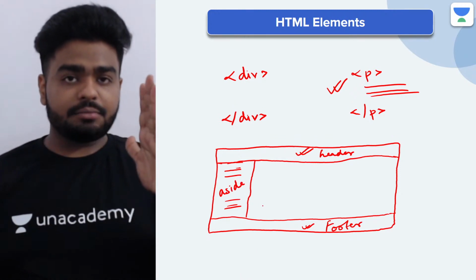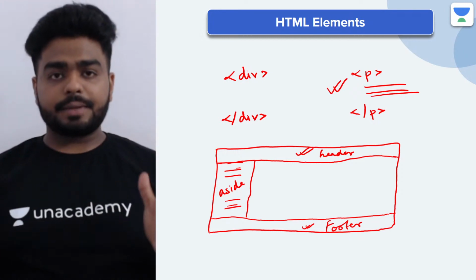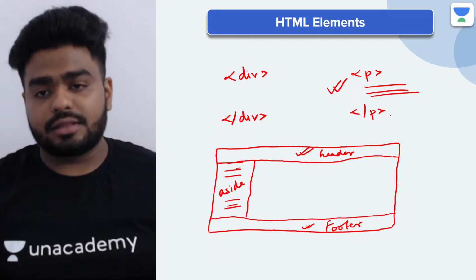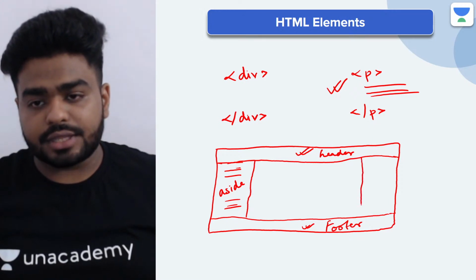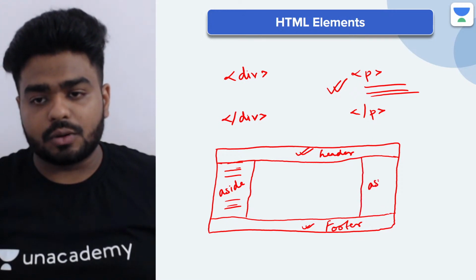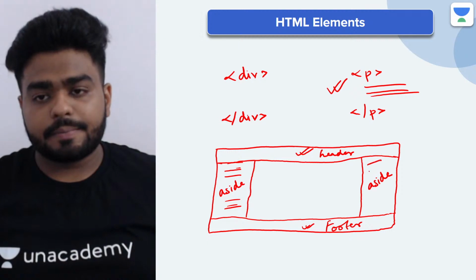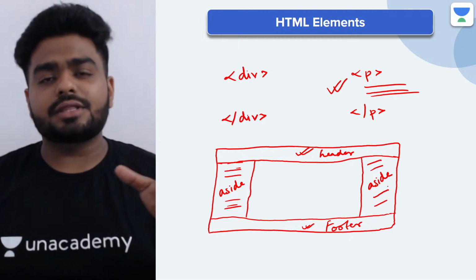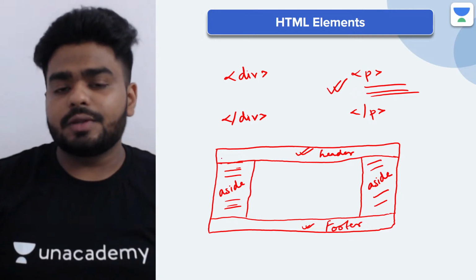Aside means I have a web page and, on one side, I want something else. Similarly, we can have aside in this particular part also, and here also something will be there. Now most probably these web pages look like this. So you will have a header, you will have a footer.